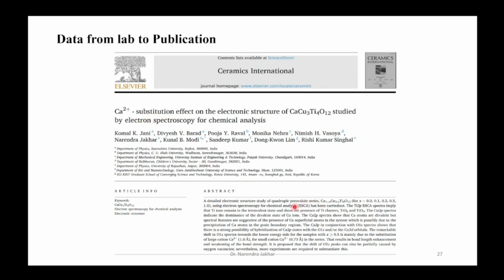We made these samples Ca1+x Cu3-x Ti4 O12, where x ranges systematically from 0.0 to 0.1, 0.2, 0.5 and 1. So the extreme samples are CaCu3Ti4O12 and Ca2Cu2Ti4O12. Ca and Cu are both varying with this x.